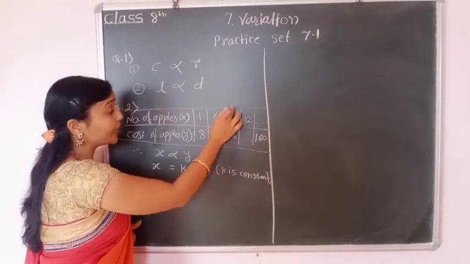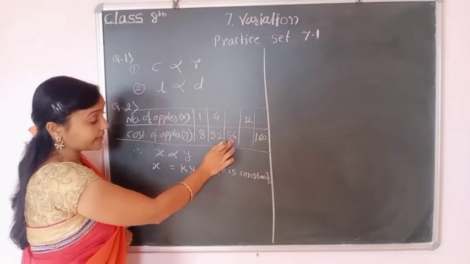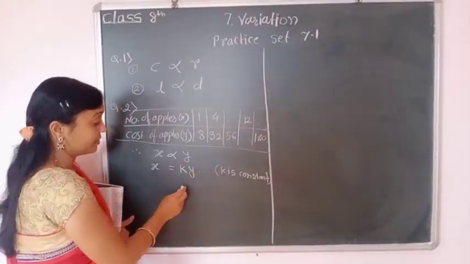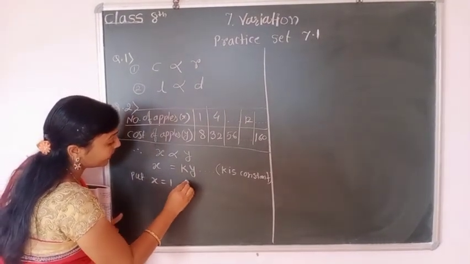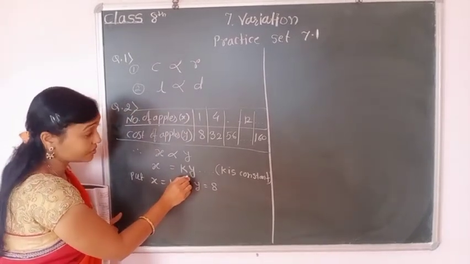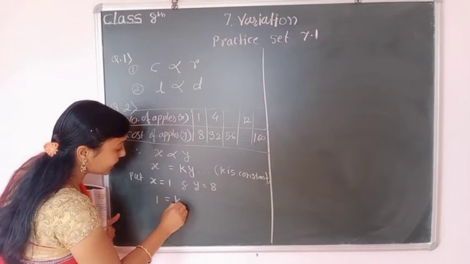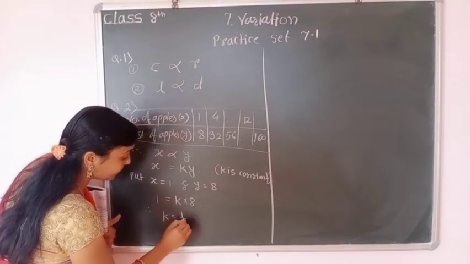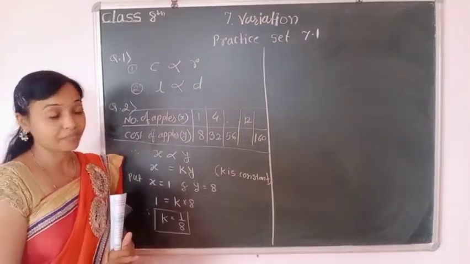The third quantity we have to find is the number of apples, and they give us y as 56. First we find the constant of variation. Put x equal to 1 and y equal to 8. So 1 equals k into 8, so k is equal to 1 by 8. The value of k is 1 by 8.